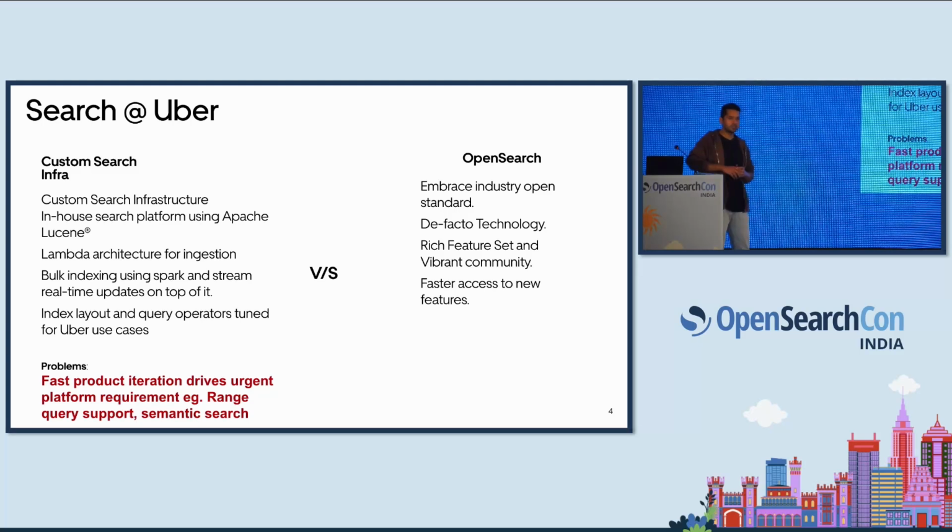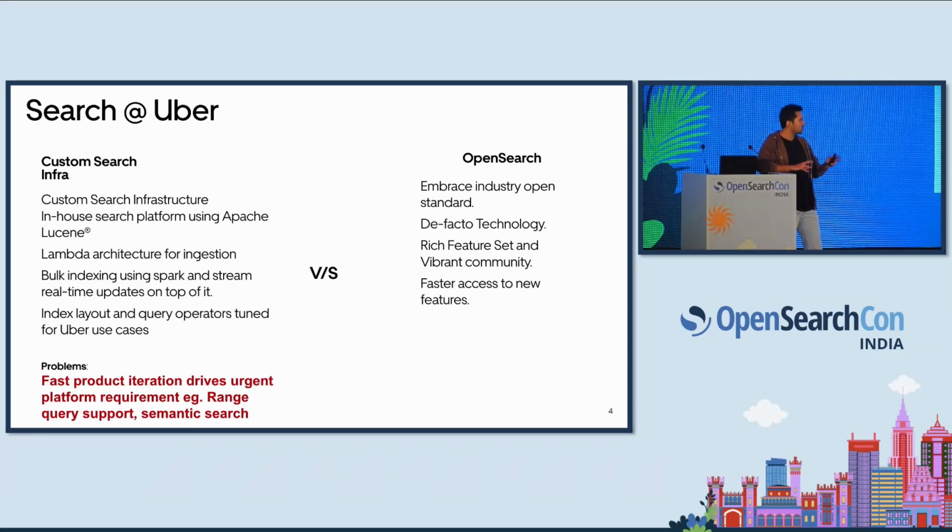The problem with this architecture is that our live ingestion model is a custom one, which means that any new changes that come to Lucene, be it semantic search or range query support, had some non-trivial amount of work to incorporate into our ingestion model. So starting last year, we started looking at an open standard or an open source solution, and for that, OpenSearch was our answer.